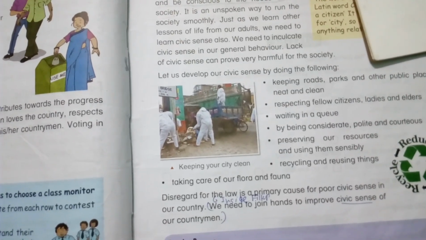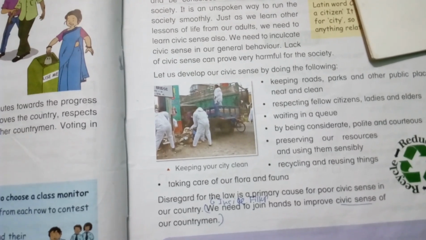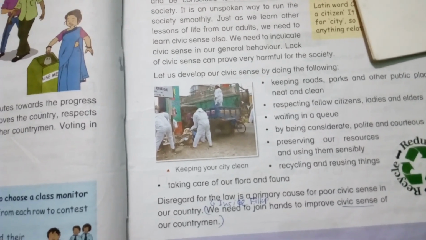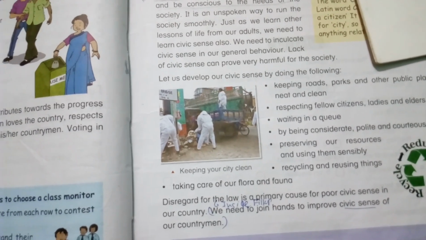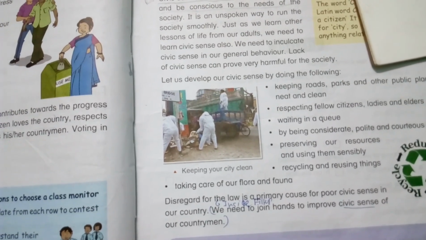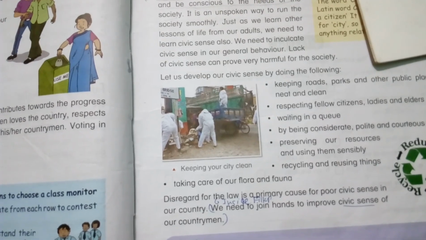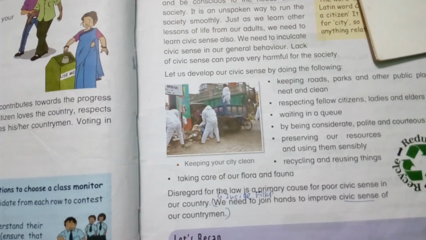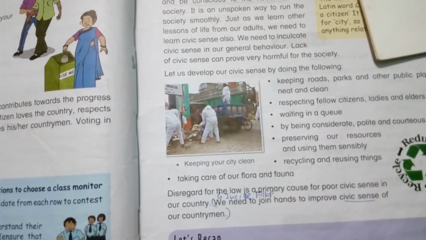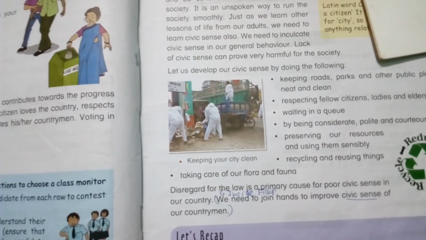Disregard for the law is a primary cause for poor civic sense in our country. So we should not show disregard for the law, because it will make a poor civic sense in our country. So we should respect the law. We need to join hands to improve the civic sense of our countrymen.